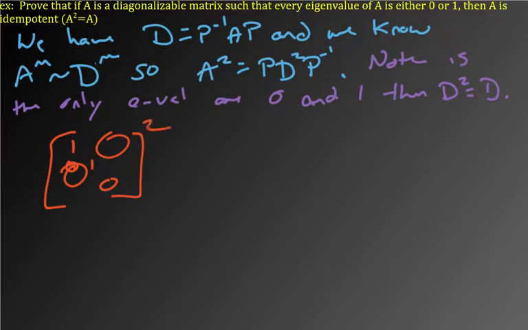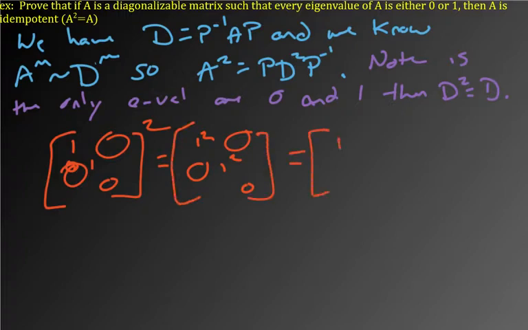If you square this kind of matrix, you're literally doing 1 squared, 0, 0 zeros. And then you're still going to get 1, 1, 0, 0 zeros. And they're the only two numbers in the world where, well, that's not true at all, -1. But these two numbers, for sure, you can square them and you just get back to itself, right? So D squared is equal to D, no matter how large D is, okay?